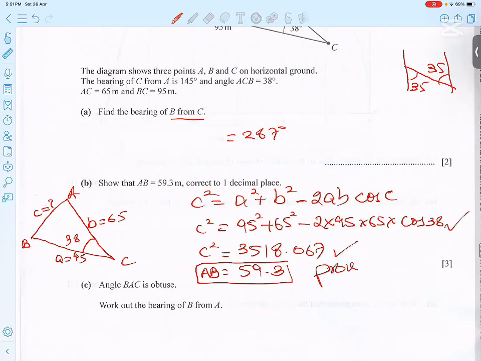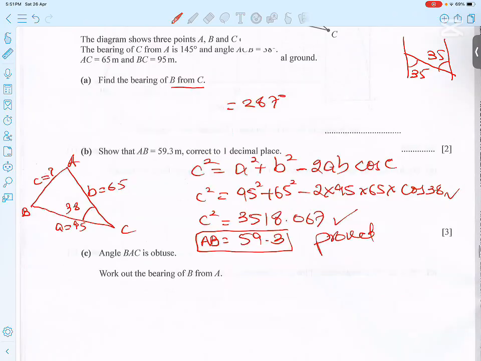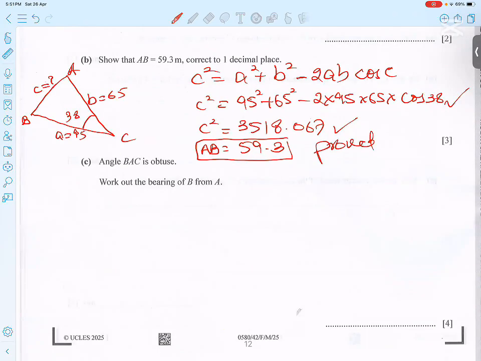So, what are the three criteria? A right angle is called 90. If theta is less than 90 degrees, it is called acute. More than 90 degrees is called obtuse.